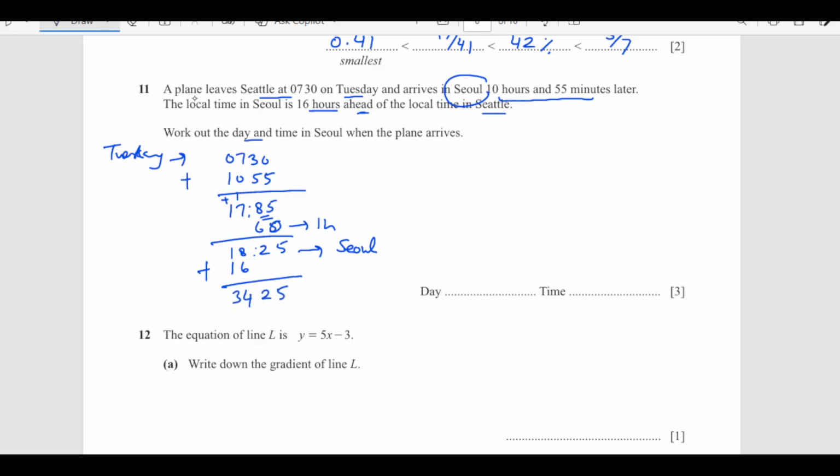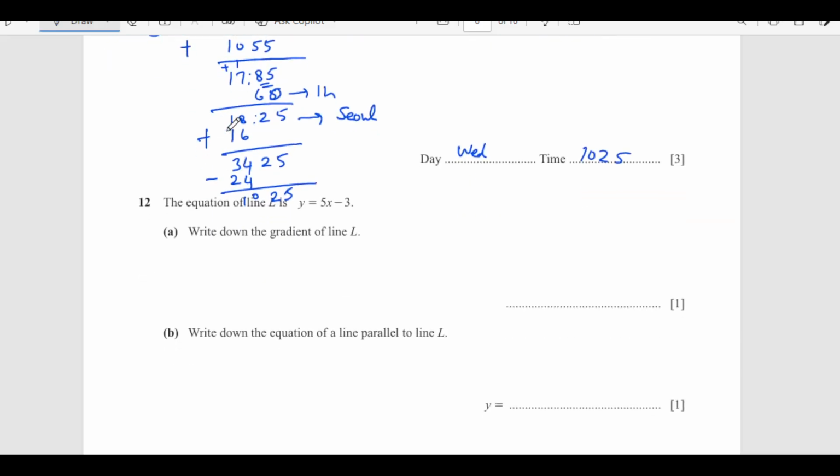But this exceeds 24. This started on Tuesday, so now the day has become Wednesday because we have already crossed 24 hours. So we are going to subtract 24 here. So this will be 10 and then 25, so the time is 10:25 and the day is the next day, Wednesday, right?